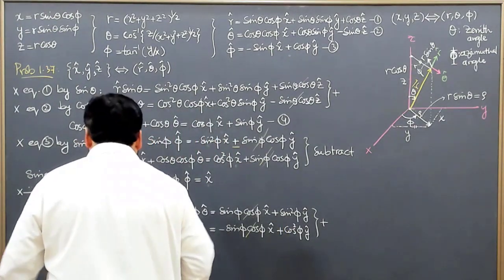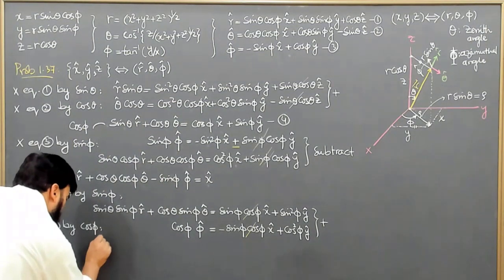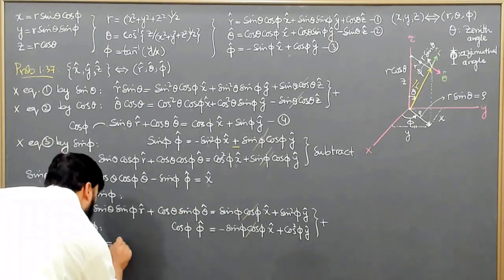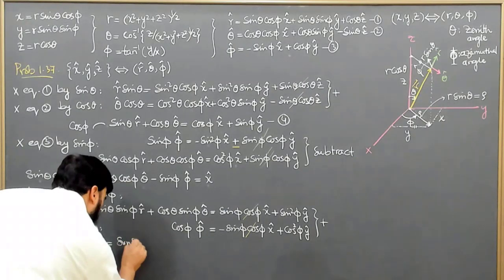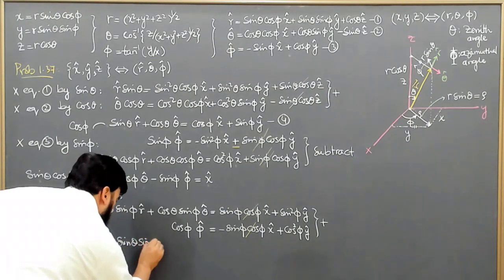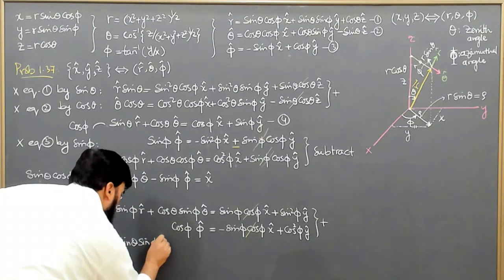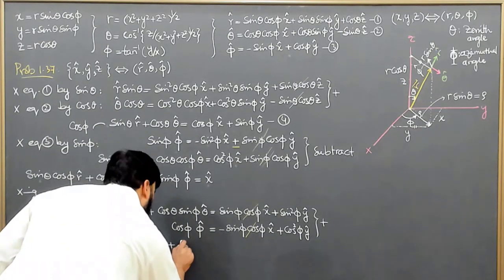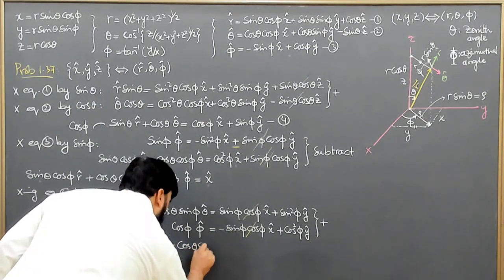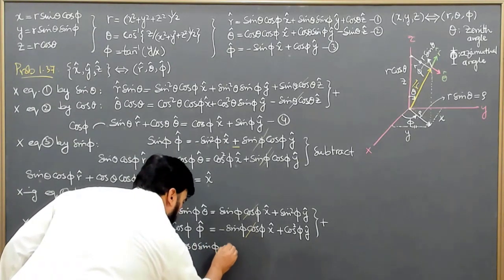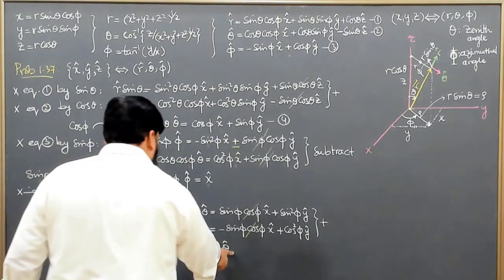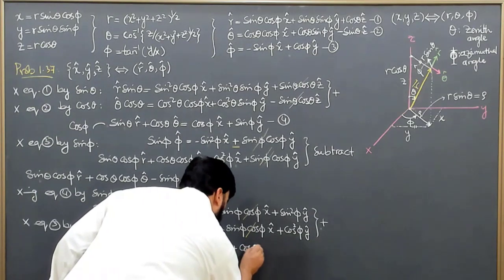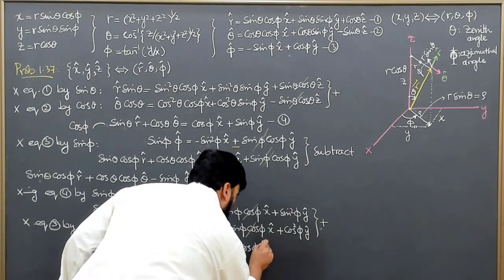So we will have the y unit vector is equal to sine theta sine phi in the r unit vector plus cos theta sine phi in the theta unit vector, and as we have added, so plus cos phi in the phi unit vector.